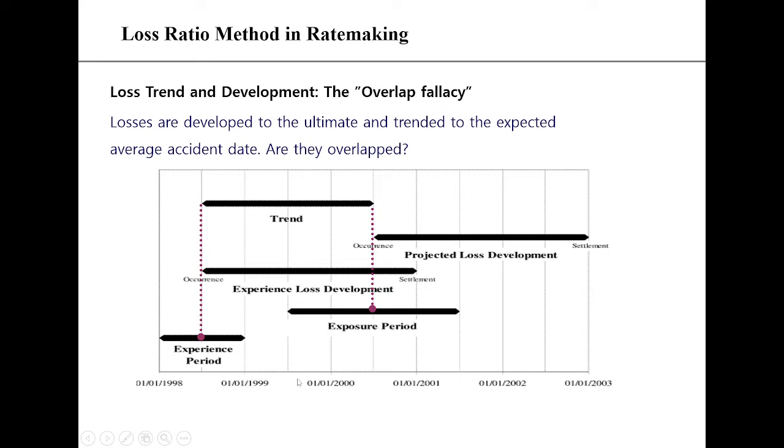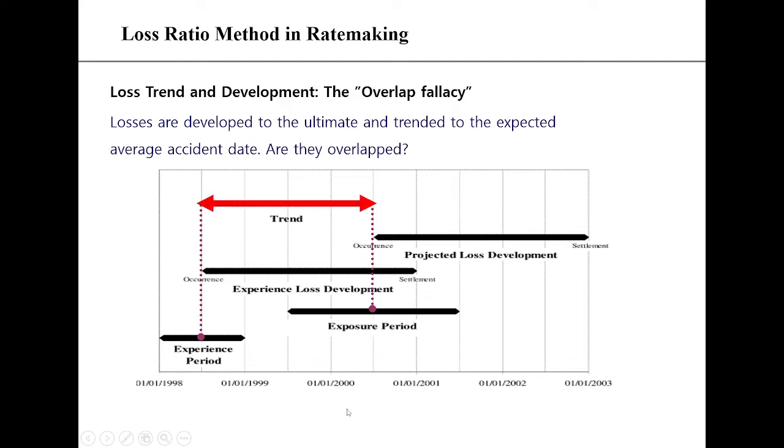So when you talk about the future claims that will occur, they are going to occur during the 1-year contract, so it's going to expand through 2 years. So we just take the midpoint, and that's the exposure period midpoint.